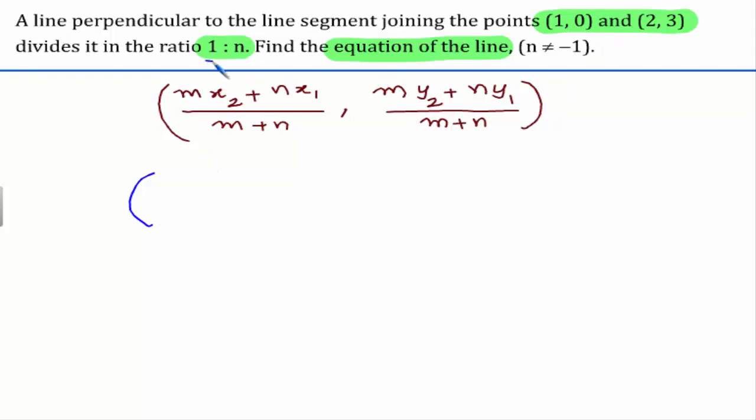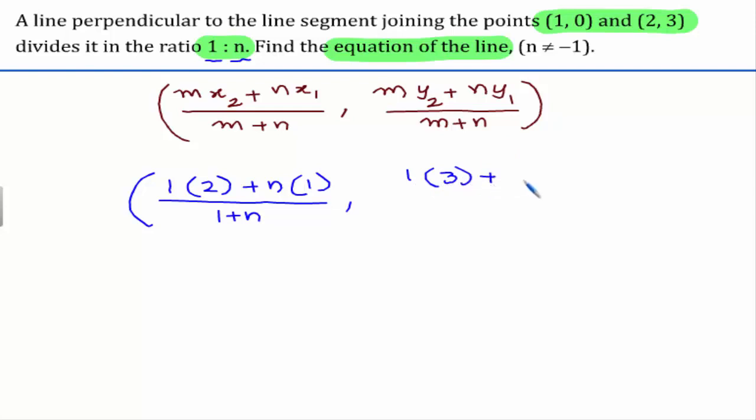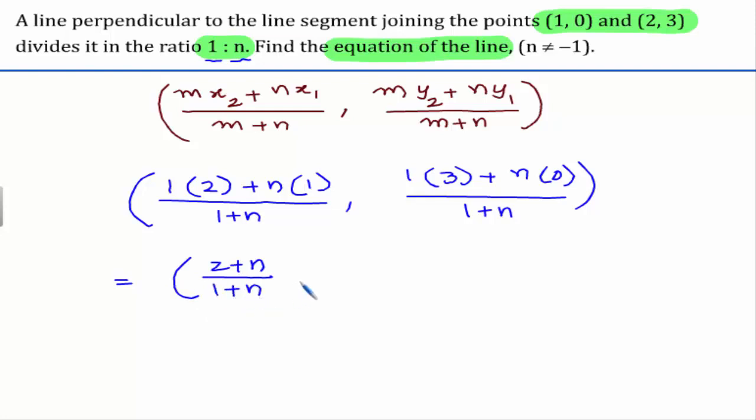Now using this, let us find the point. Here m is 1 and n is n. So (1 into 2 plus n into 1) by (1 plus n) and (1 into 3 plus n into 0) by (1 plus n). If we simplify this, we get (2 plus n) by (1 plus n) and 3 by (1 plus n).